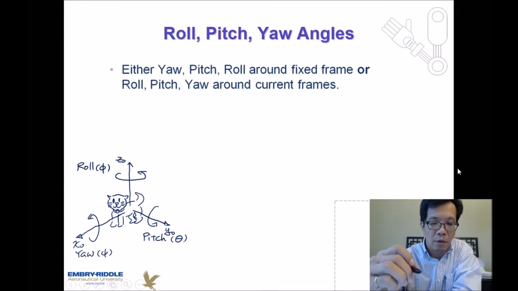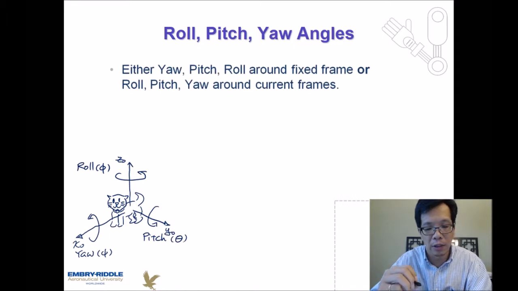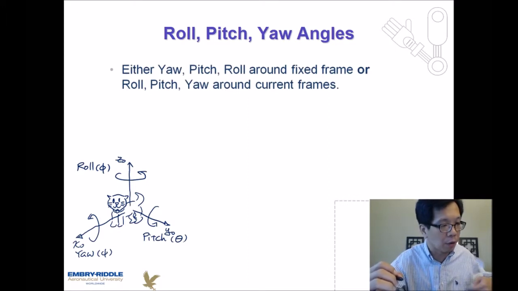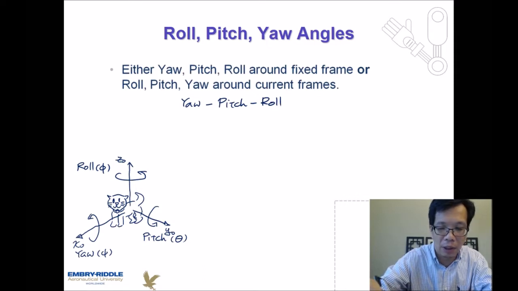Okay, so mathematically, how are we going to represent the calculation for the sequence in which we rotate the robot? If you say I want to rotate it in a specific sequence, that is going to be yaw, pitch, then roll. So your cat is going to be rotated in this direction first.